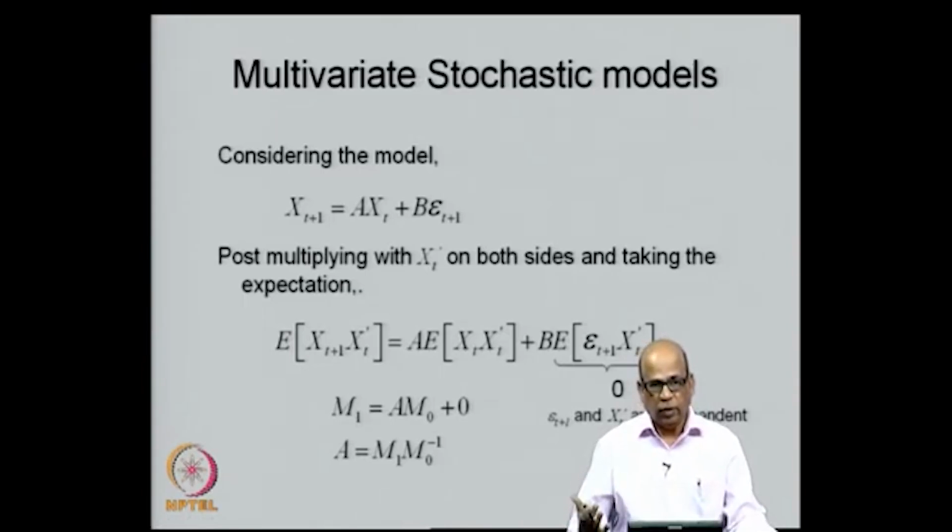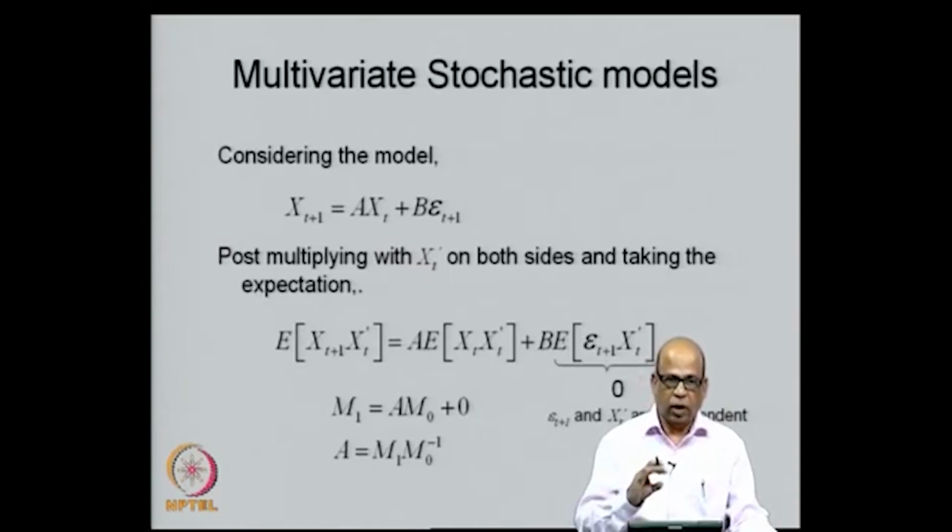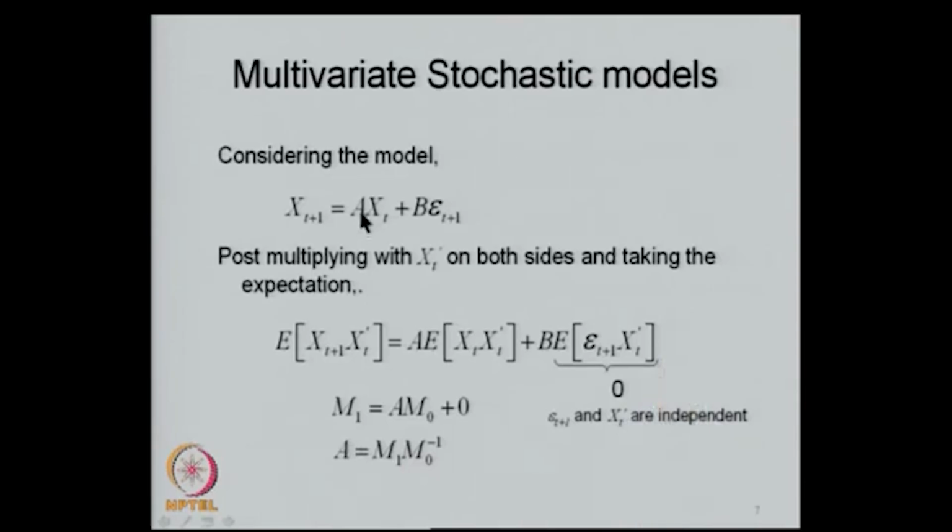So, once you have the observed data, you have defined M naught and you have defined M 1. From M naught you get M naught inverse and M 1 is defined, therefore you should be able to get A. So A is completely fixed.